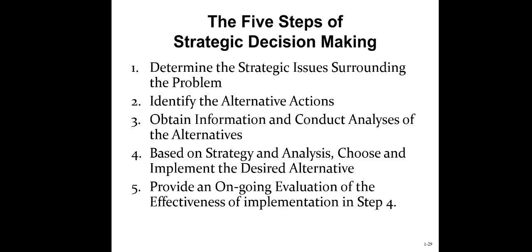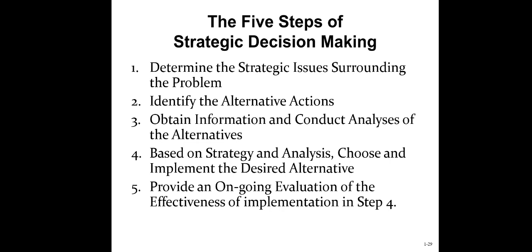First, determine the strategic issues surrounding the problem, and then the second step is identify alternative actions. I think you have learned this before. In accounting, if you want to make a good decision, first you have to know what the problem is. And then the second step is you have to identify alternative solutions for that problem.